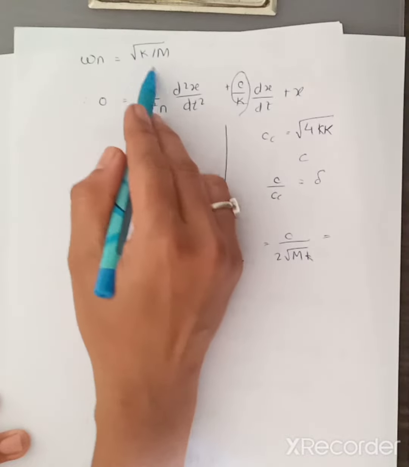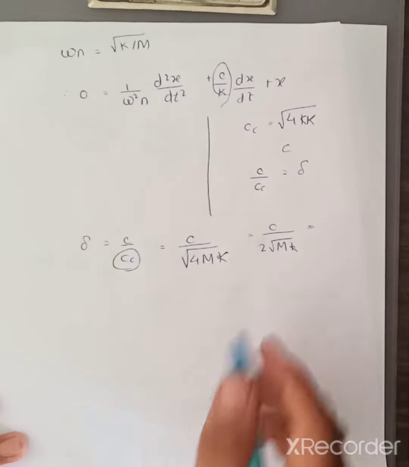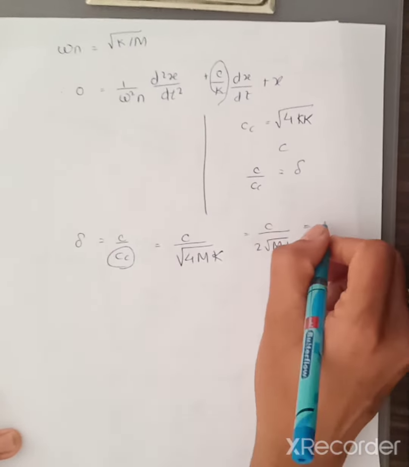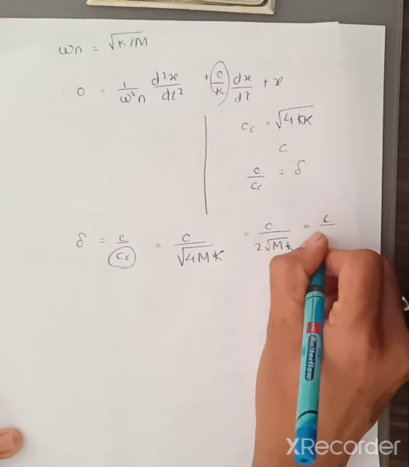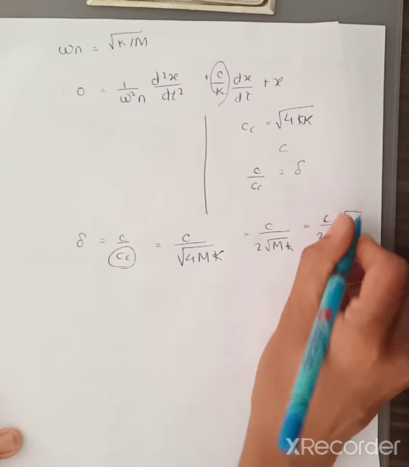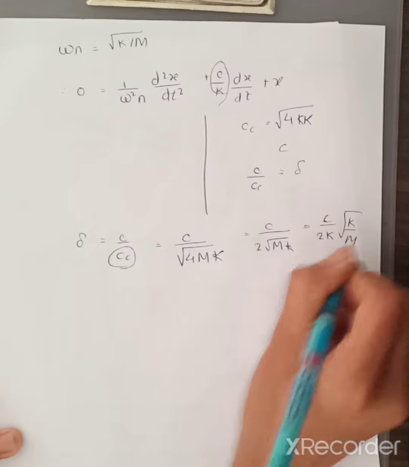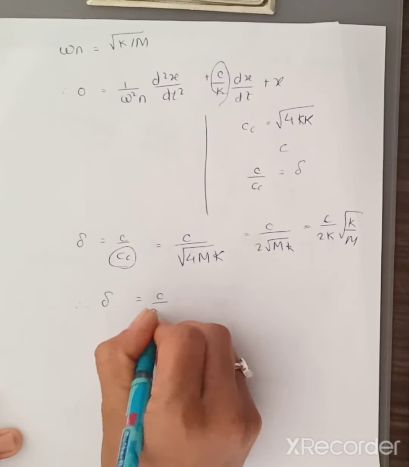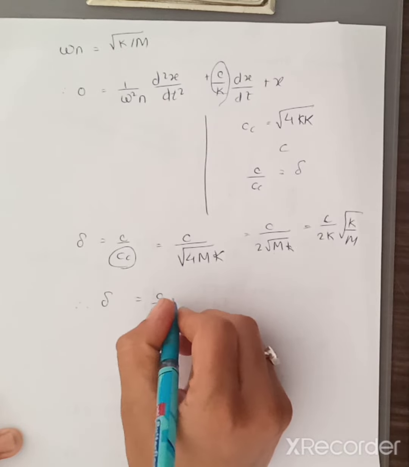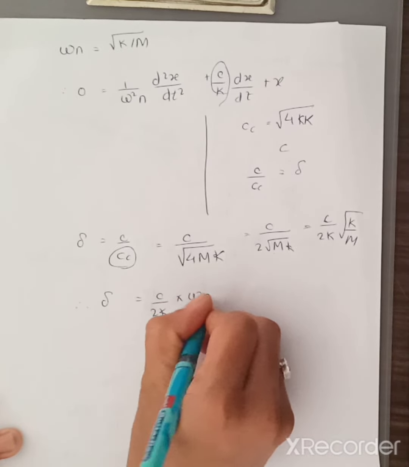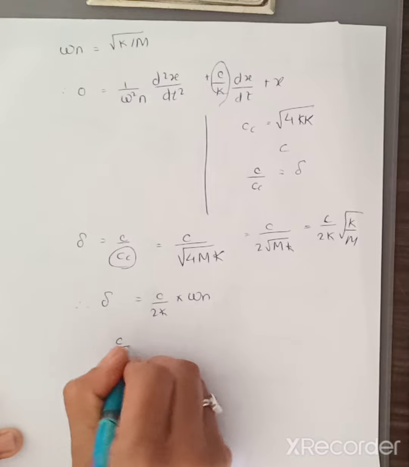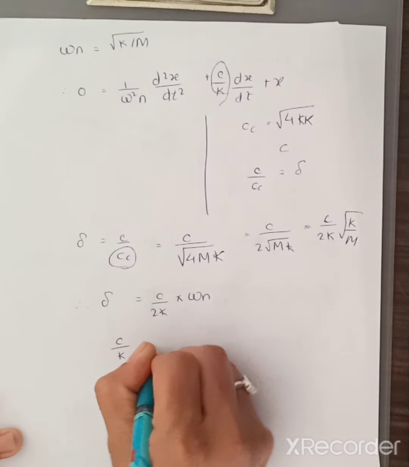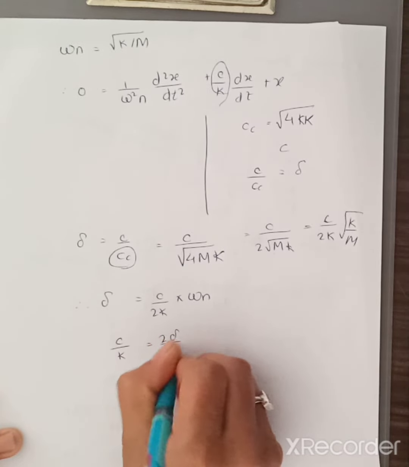We can obtain this in terms of omega n: 2k under root k by m. Therefore del is equal to c upon 2k into omega n, that is c upon k is equal to 2 del upon omega n.